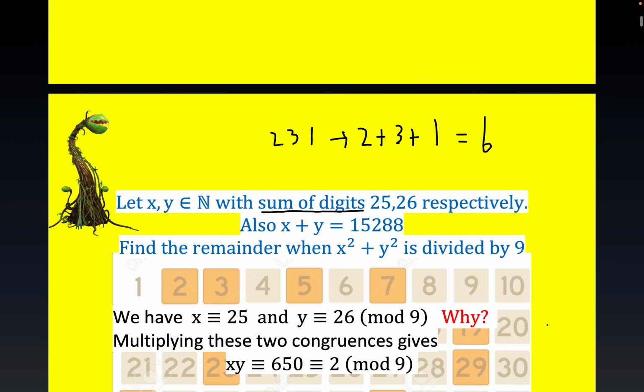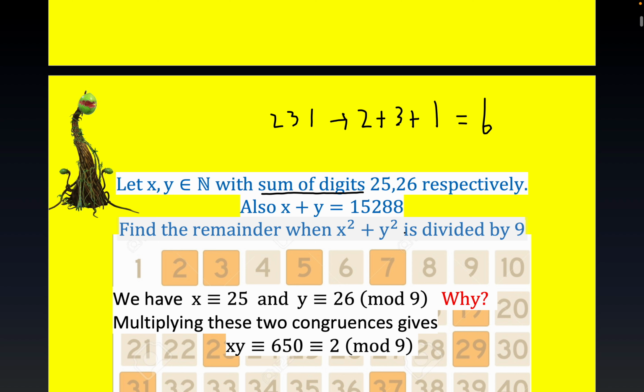Now, we're using this part of the problem first, the 25 and the 26. A lot of you have seen this, but I'll just briefly tell you why it's true. It's because 10 raised to the n for any natural number is congruent to 1 mod 9, and this is the equivalent of talking about division by 9.